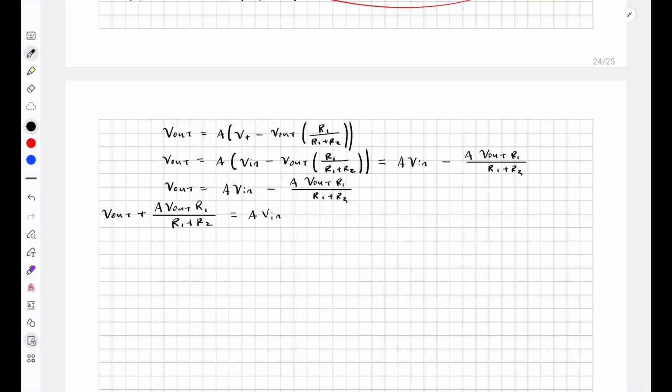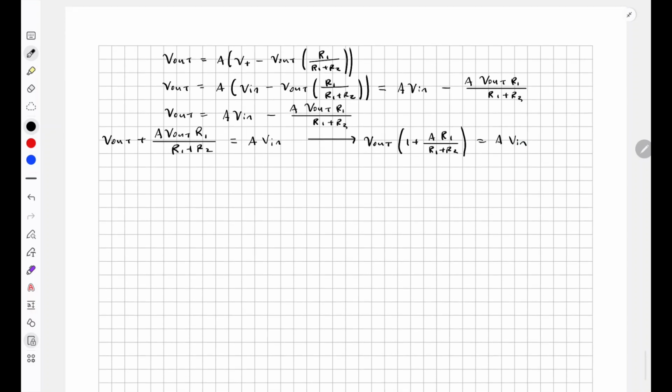I can factor out the V out now, so it becomes V out multiplied by 1 plus A times R1 divided by R1 plus R2, equal to A times V in.